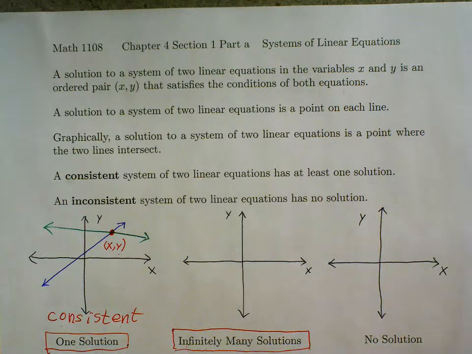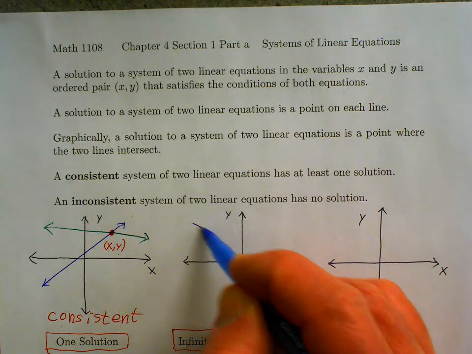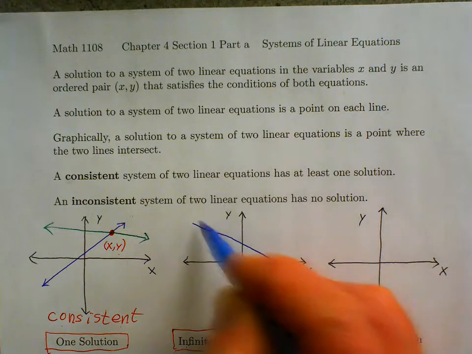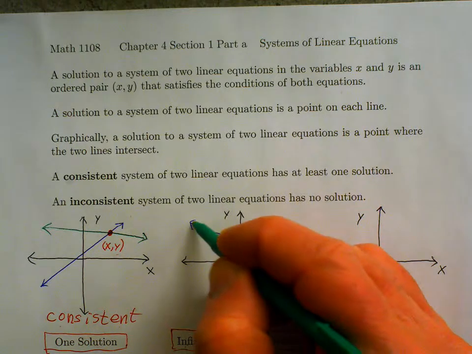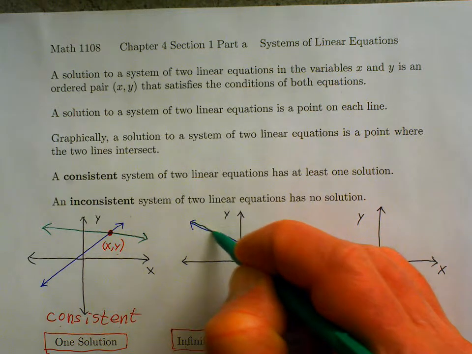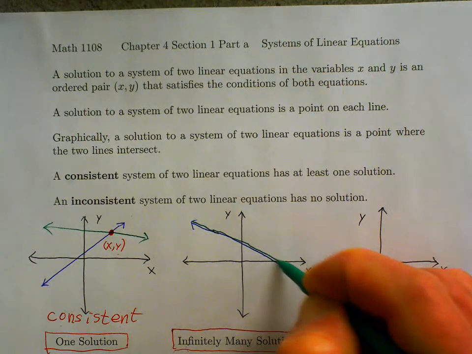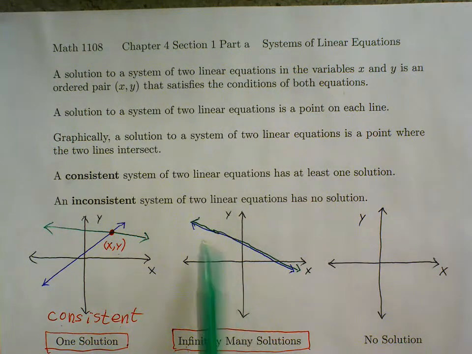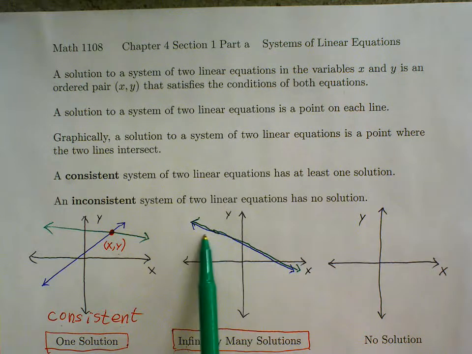So if you have one line in the xy plane, and if the other line is exactly the same line, you wouldn't be able to tell the difference. But I've tried to show you that I'm graphing two lines, and I mean them to be the same line.